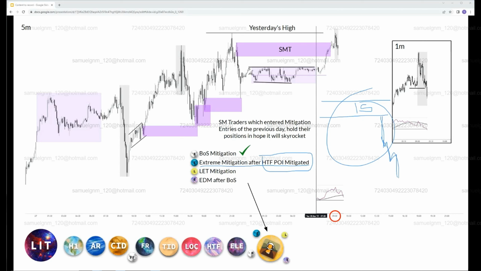Again, these are technically the different entry approaches, not necessarily specific to what you see on the checklist. Technically, it is a type of entry approach that we do like. So in this case, what you can see, it does line up pretty nicely with our analysis to see an extreme mitigation. Now, to be fair, it's not necessarily extreme as in extreme up there.